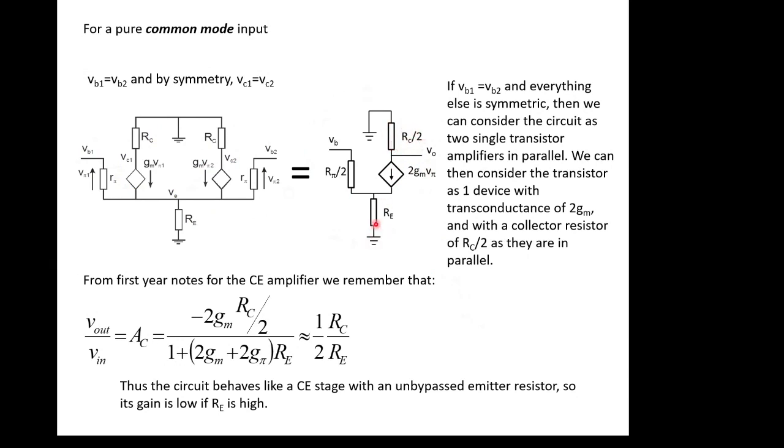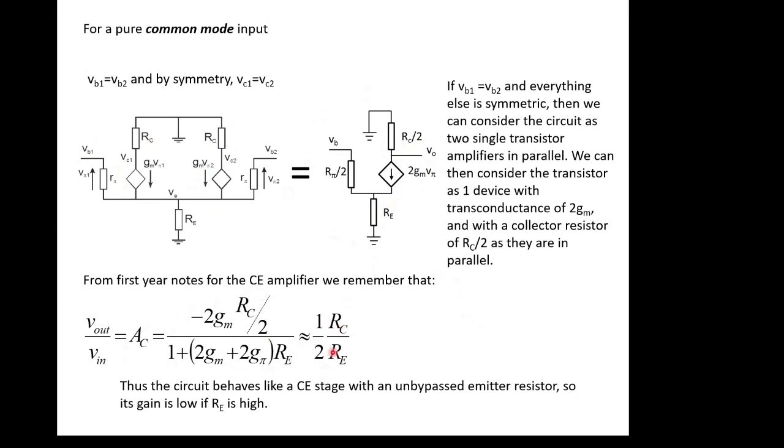So it's RC over 2 over RE, because there's some feedback involved. So if you don't understand where the feedback's coming from here, go back and have another quick look at the first year notes. But what we've now got is something that has a common mode gain, which you do properly, but it simplifies down to effectively, in this case, half RC over RE.